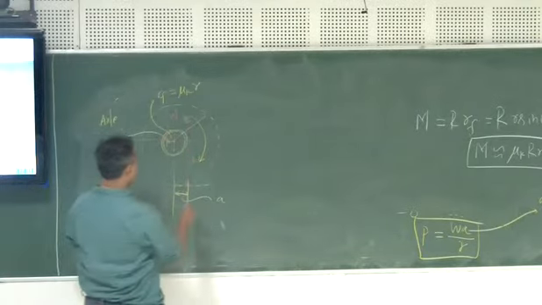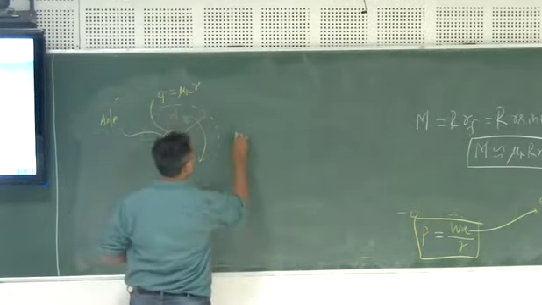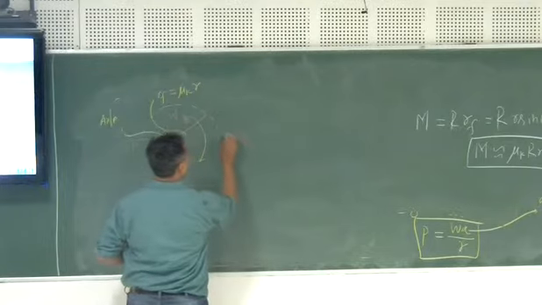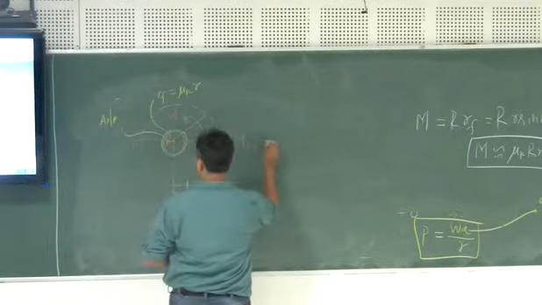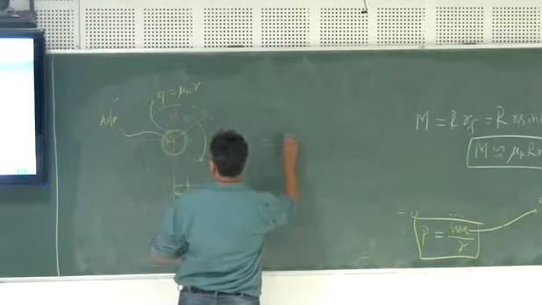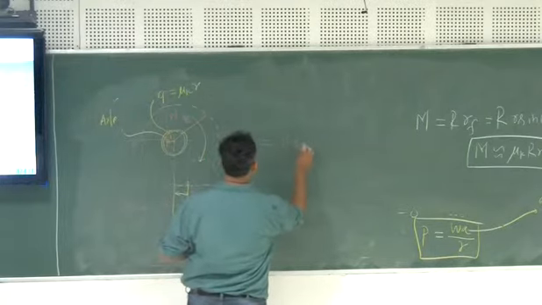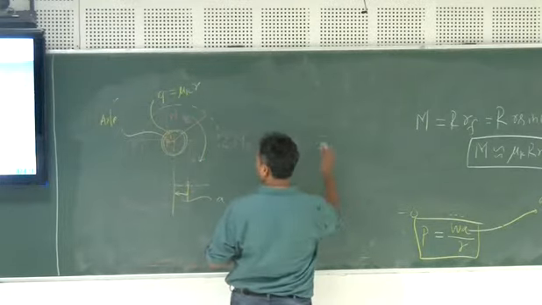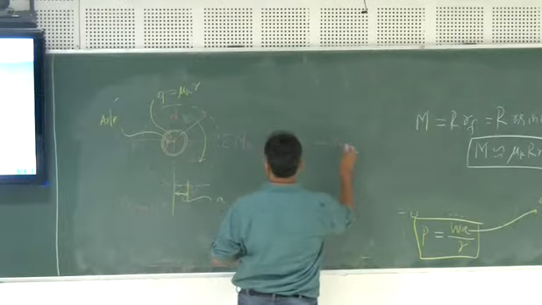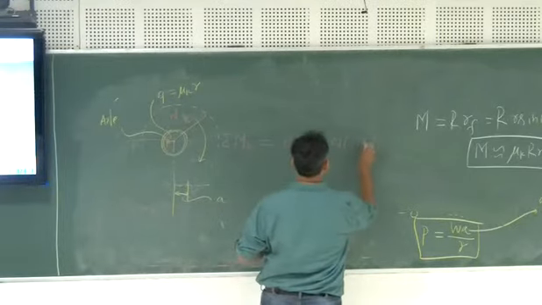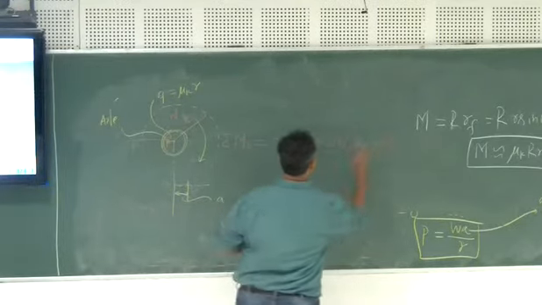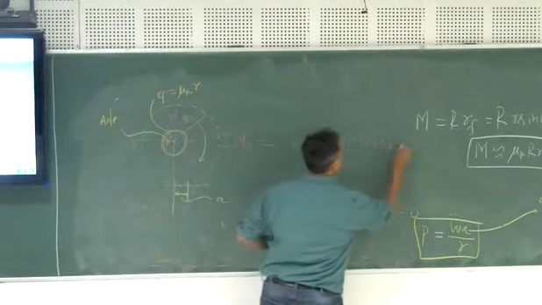So, taking moment about point B gives P times B minus W times (RF plus A) equals 0.